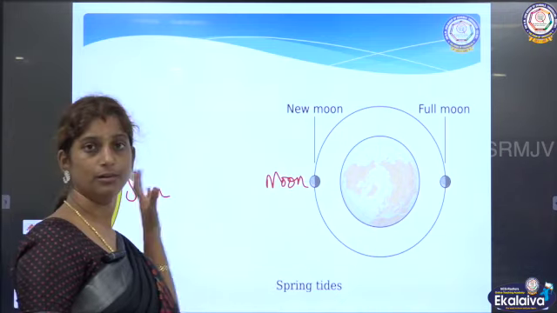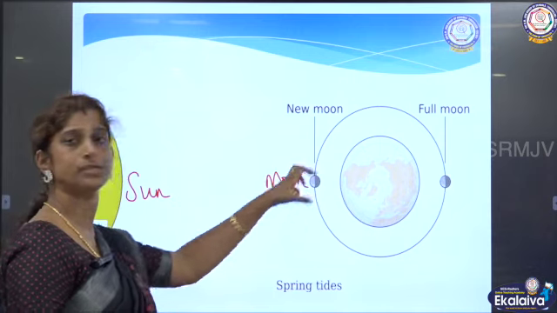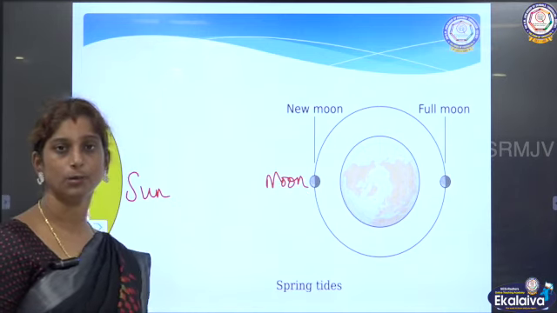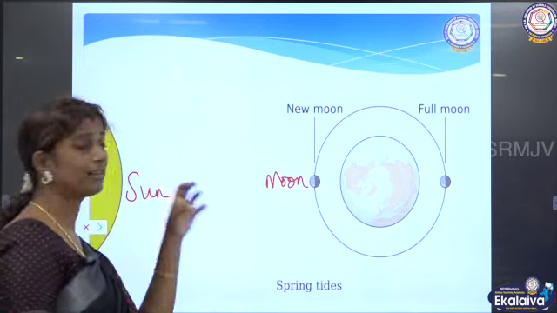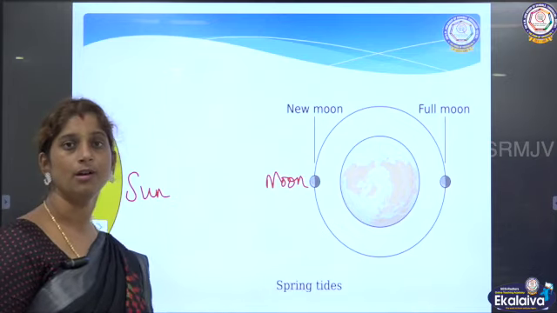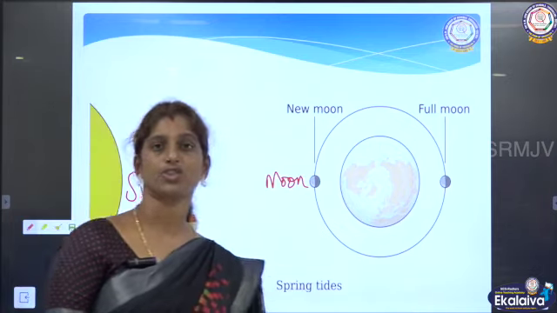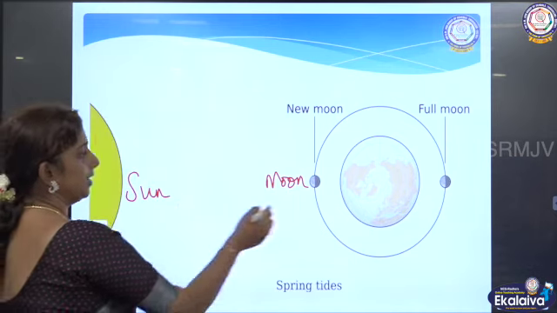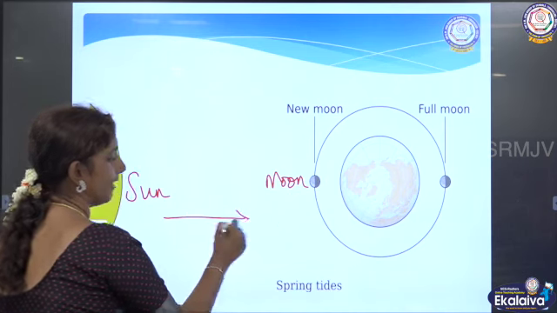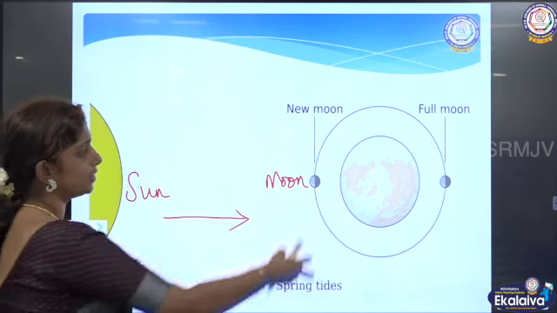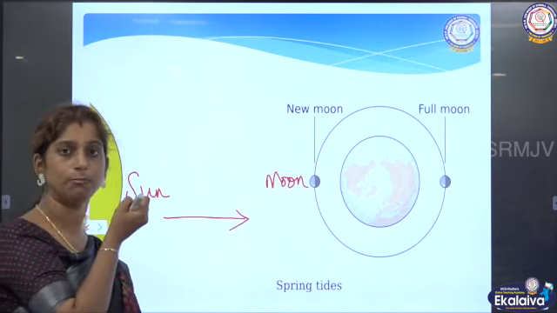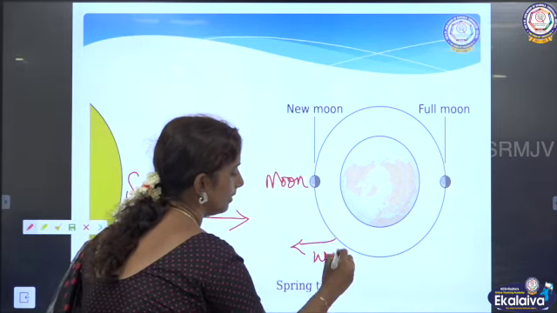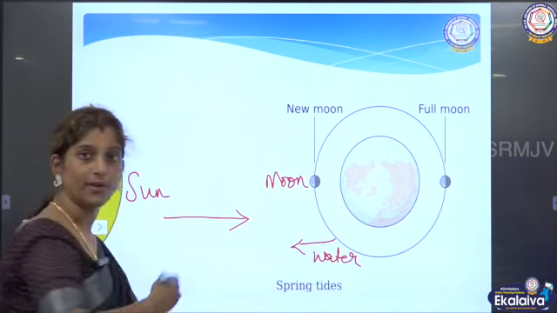These two, that is the moon's gravitational pull as well as the sun's gravitational pull, both acting in the same direction or the opposite direction will cause spring tides. The sun will apply its gravitational force on the surface of the earth. So because of that, the water will get pulled towards the sun. So the water will get pulled in this way.